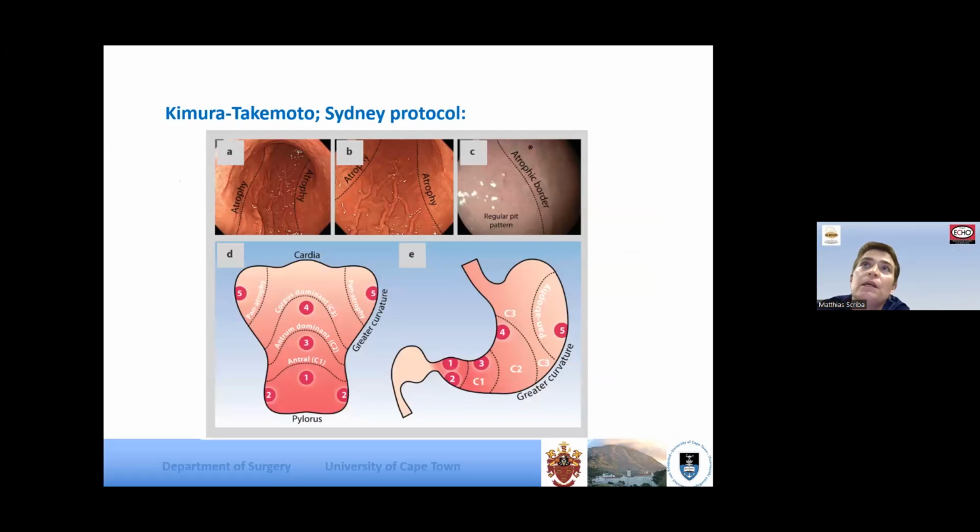In addition, the Kimura-Takemoto classification, remember that, as regards staging atrophic gastritis. And then the Sydney protocol as regards correctly biopsying, with those spots 1 to 5 corresponding to the location of the gastric biopsies should you flatten out your stomach like a pancake.